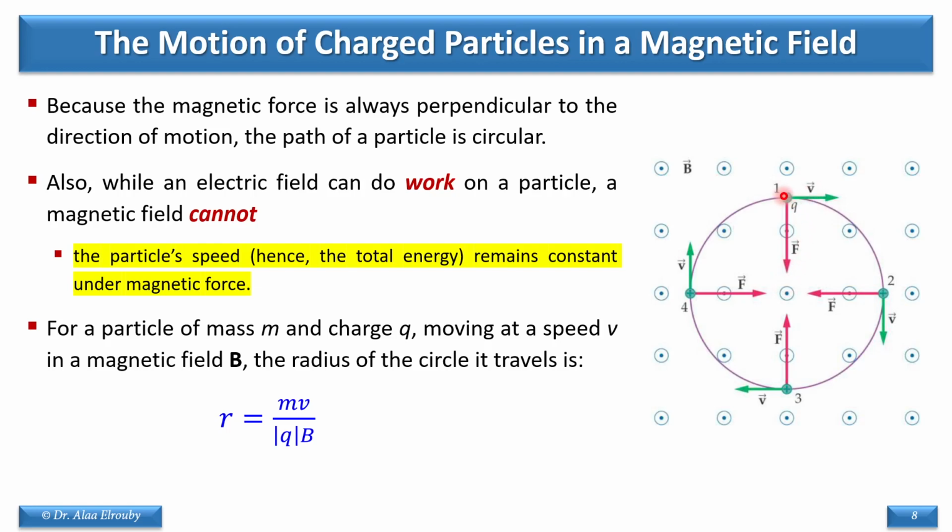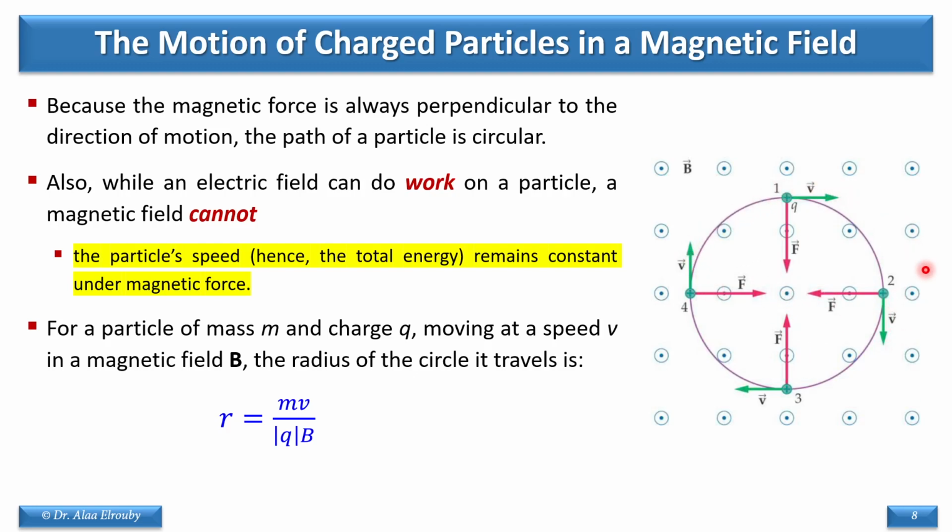So the moving charge will start to bend its direction a little bit. So it will come to this point. Again, you apply the right hand rule, and you will find the force always going in the direction towards a center.